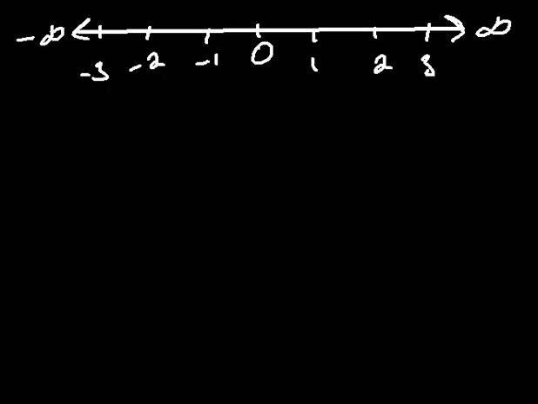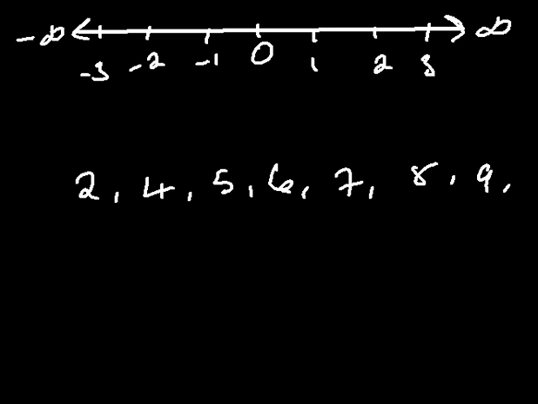And for the sake of interest, let's say we have the numbers given as 2, 4, 5, 6, 7, 8, 9, up to 10. And we can think of having several intervals on these numbers. We can have the first interval, which is 2 to 5.